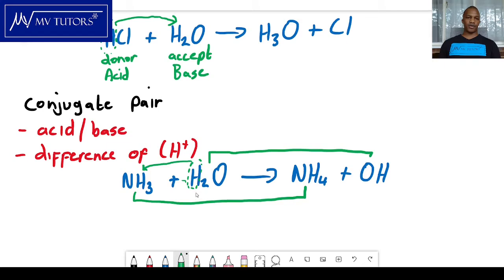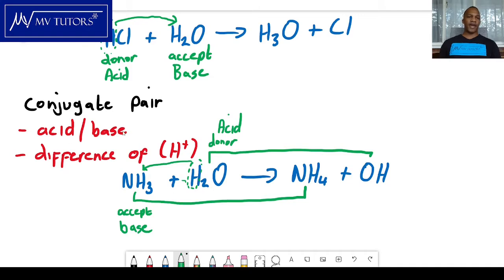Okay, so H2O is the donor, and then NH3 is the acceptor. Okay, so if H2O is a donor, then H2O is the acid. If NH3 is the acceptor, then it is the base.